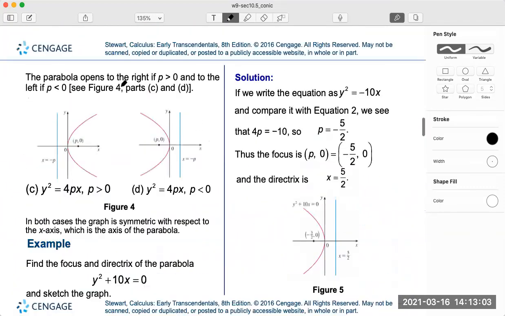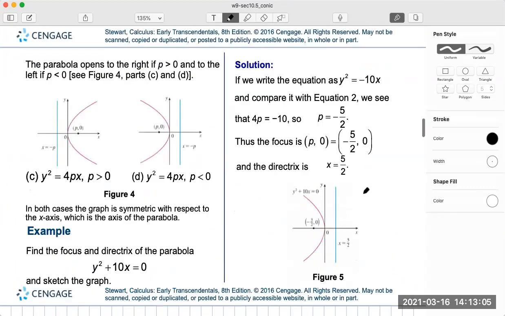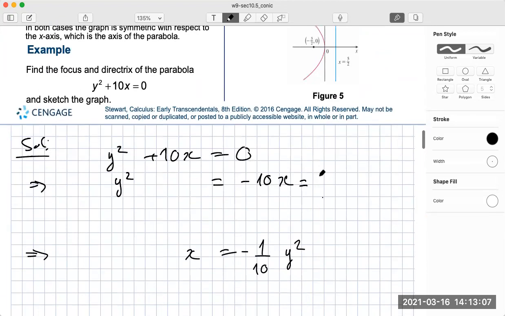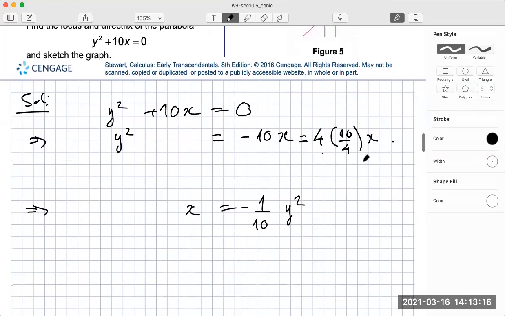If we write it in terms of 4 times something, right, it will be? Or y squared is 4, and if we simplify this, what is it?